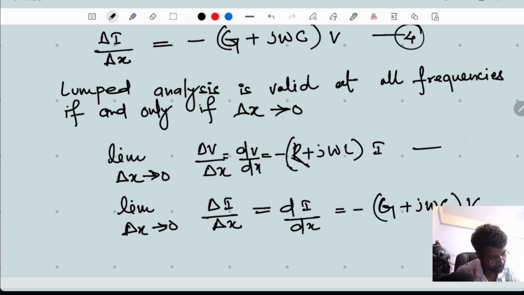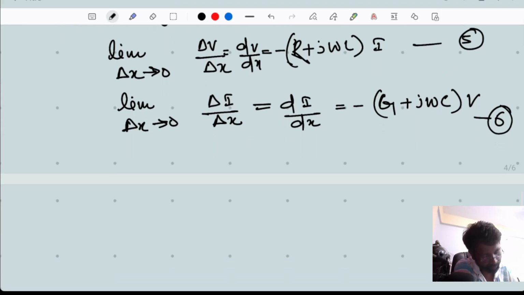From equations 5 and 6 we can say that both are coupled equations, two coupled first order differential equations. So we have to decouple them to find the solutions of the wave.